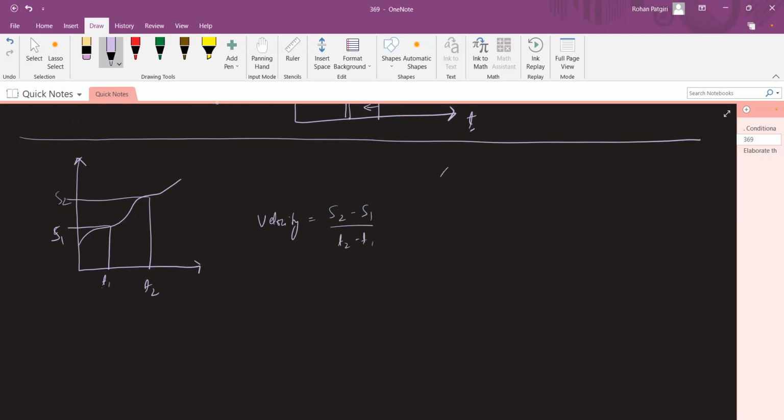In case of differentiation, this line is between t1 and t2. This time period, we are trying to reduce it very much. So we'll write t2 as t1 plus h.